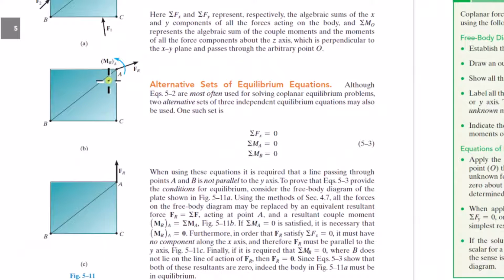So for the sum of the moments about point A is equal to 0 equation, this couple moment is gone. For the sum of the moments about point C, we're assuming that this point C is not on the same line as the line from A to B, that's a requirement. The points A, B, and C can't be on the same line.